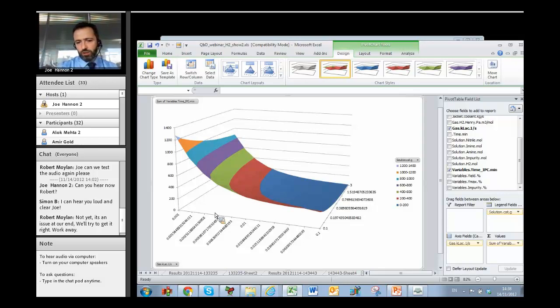And again, there's a logical behavior here. We can see that at slower mass transfer rates, low KLAs, it takes a long time, 1200 minutes, for the starting material to get consumed, whereas at high KLAs it all happens a lot faster, a matter of an hour or two, particularly at high catalyst loadings.